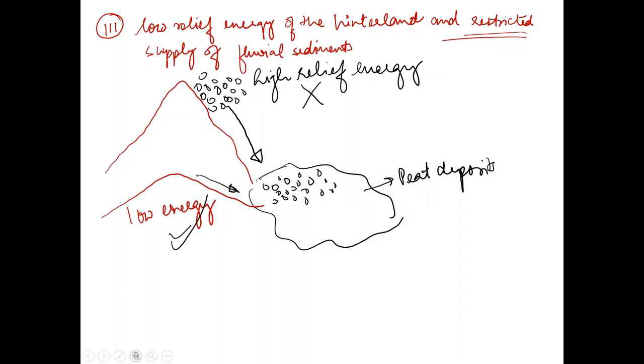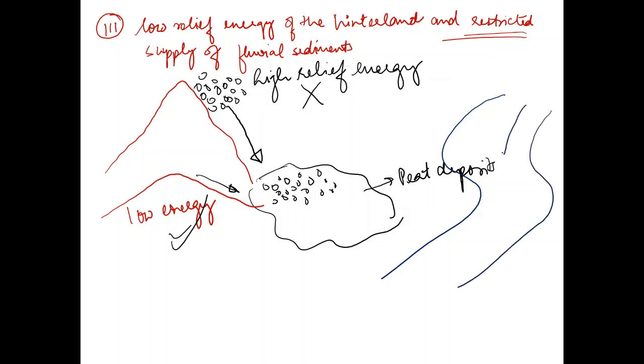Now imagine that there is some of this peat deposit close to a river area, the movement of river. If the fluvial sediments, now imagine that this peat has been deposited on the floodplain of the river and the fluvial sediments are coming in very fast.